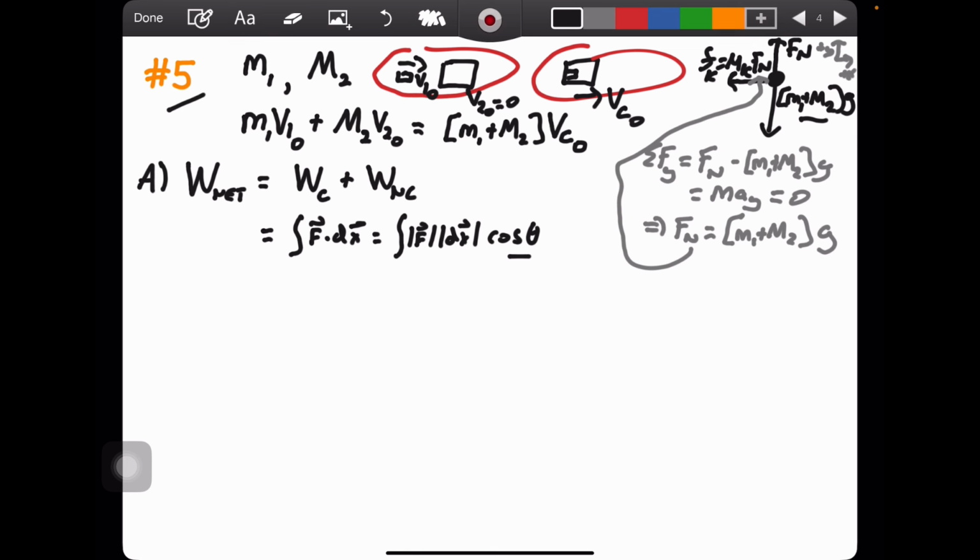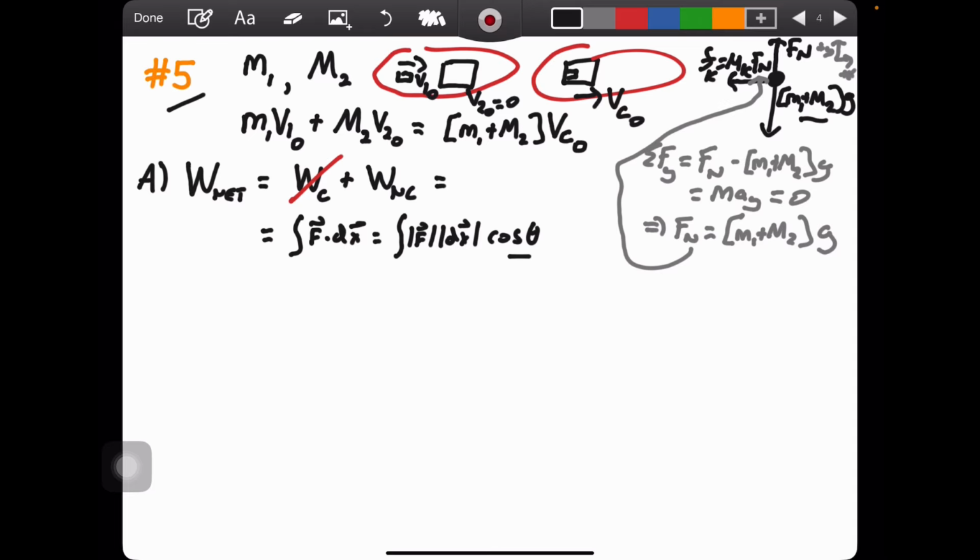And you could say the same thing about the normal force. The normal force exists, sure, but it's completely perpendicular to displacement. So what happens here is that this is a problem where we don't have any work being done by conservative forces, and what we're left with is the work done by non-conservative forces.